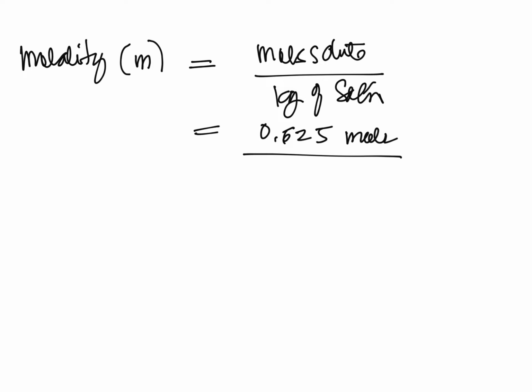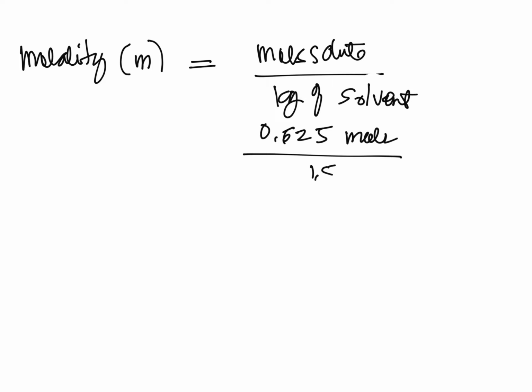And then the kilogram of this solution, what we have earlier is 1.5 kilogram of, I'm sorry, that's not kilogram of solution, but the kilogram of the solvent. So let me just correct this. In that case, we have already 1.5 as our kilogram of the solvent.